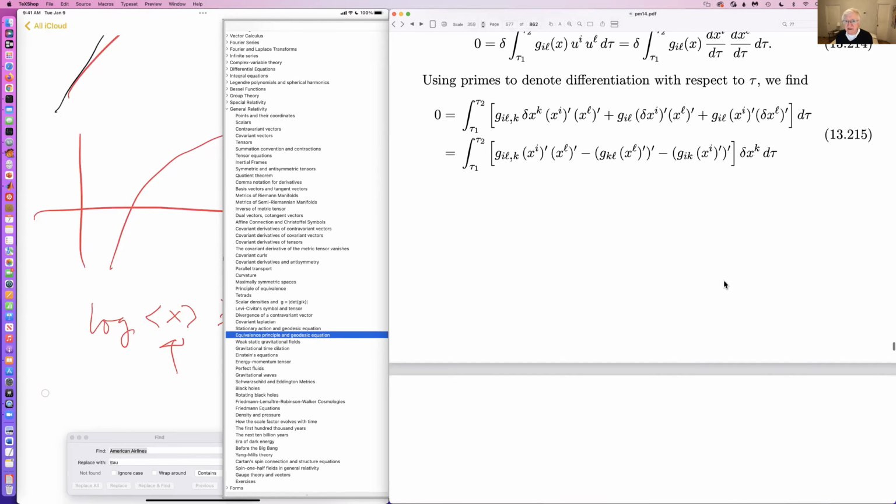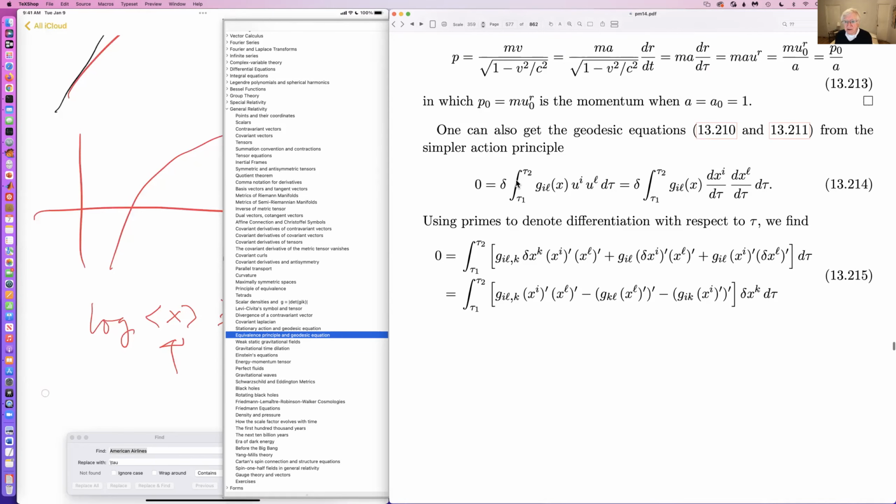But if instead you use a simpler principle of least action without any square root, in the text I used lambda here, and I was asked, I think last time, what's lambda? And I said it was arbitrary. It's not really arbitrary.